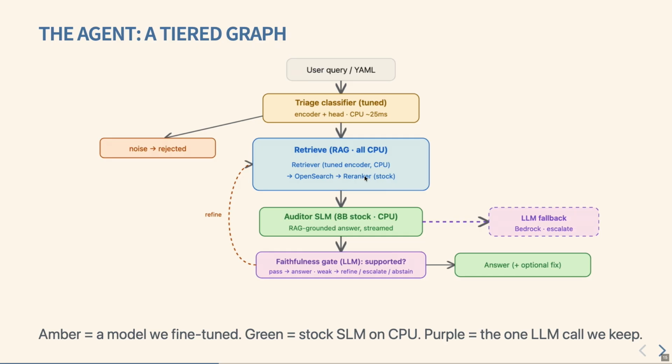It's going to be a chatbot. I'm sorry, but it's going to be a different chatbot that is running on CPUs, and it's going to be able to do some things on autopilot if you allow it. You're going to receive a query, and there's a small model fine-tuned for that task that says, this is relevant to the domain that my agent is able to resolve, or it's not, and it's going to reject it.